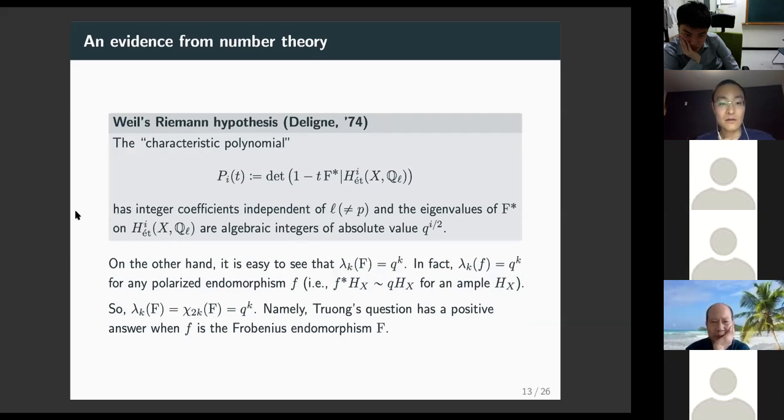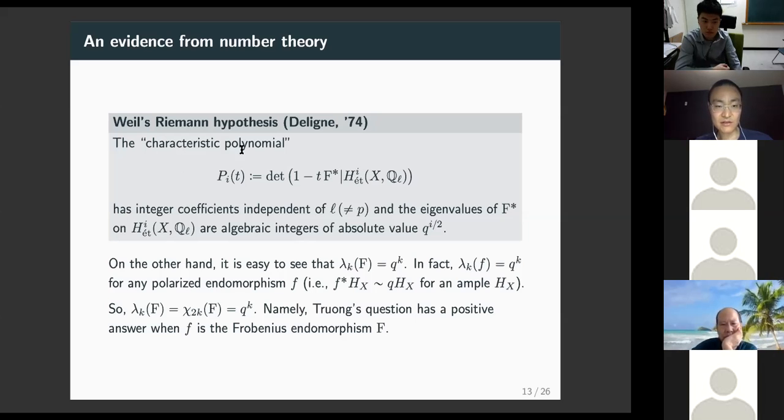Okay, and then we have the so-called Weil-Riemann hypothesis, proved by Deligne in 1974. So the characteristic polynomial, which I denote by P_i(t), is the determinant of this linear transformation, F star, the Frobenius action on this H^i.